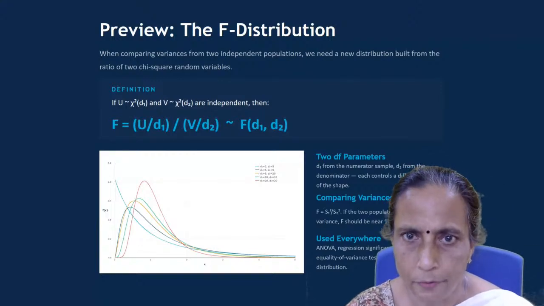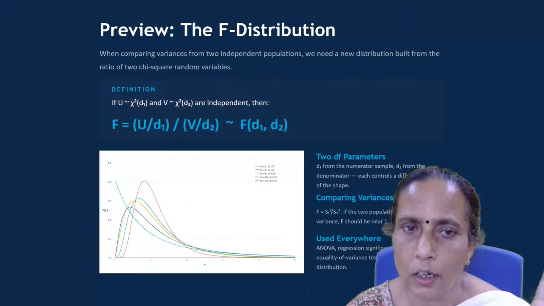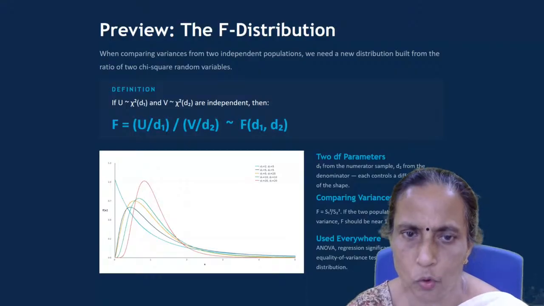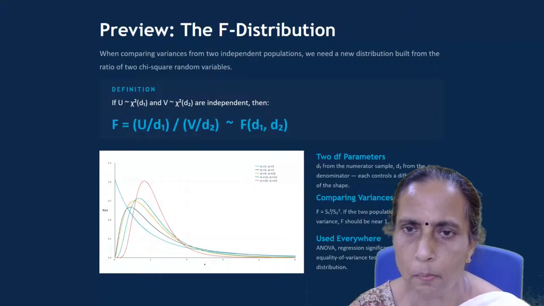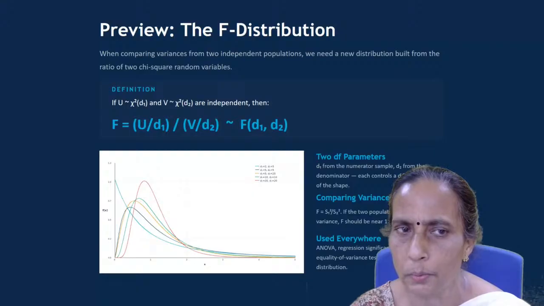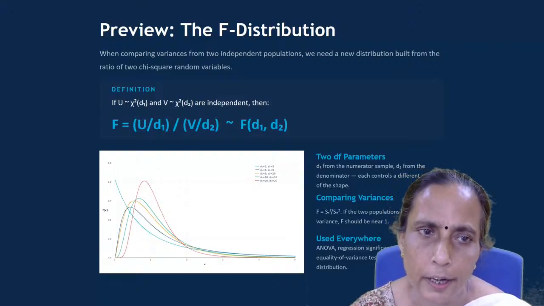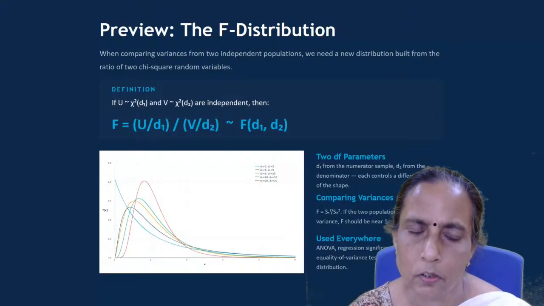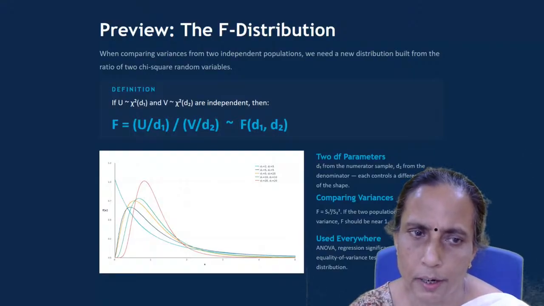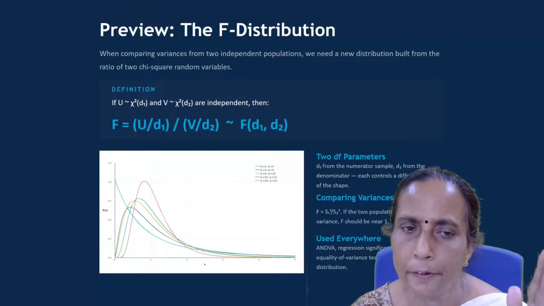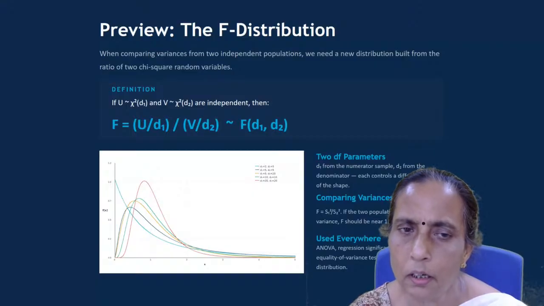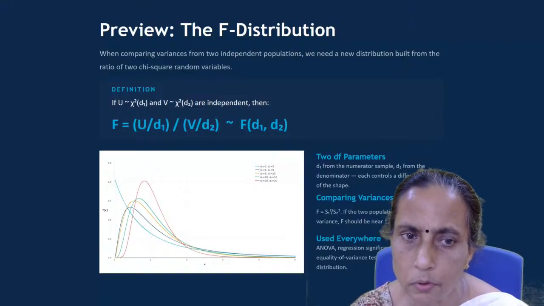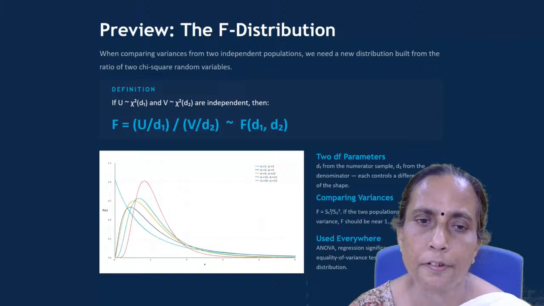So next is your F distribution. When you are comparing variances of two independent populations, we need a new distribution built from the ratio of two chi-squares. So suppose U is a random variable which follows a chi-square distribution with d1 degrees of freedom, and V is another random variable which is again chi-square distributed with d2 degrees of freedom.